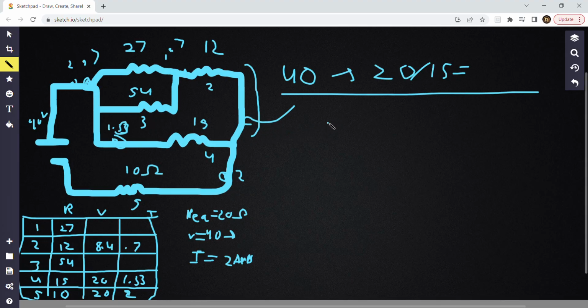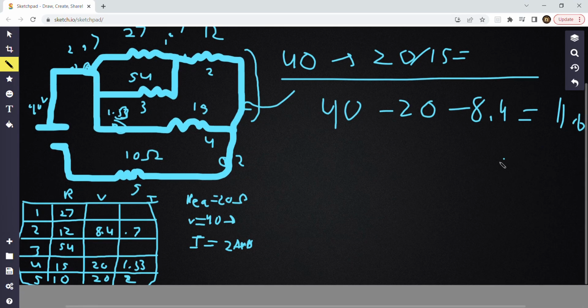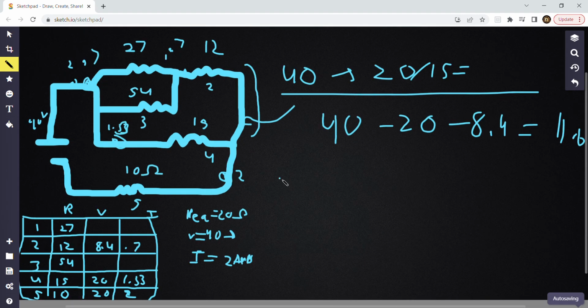So we have 40 minus 20 from here, and then minus 8.4 equals 11.6. So that's the total voltage that's going to be given to R1 and R3.